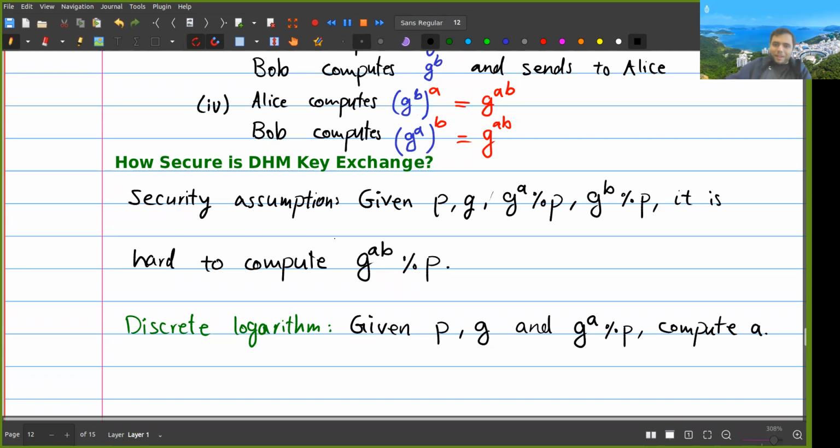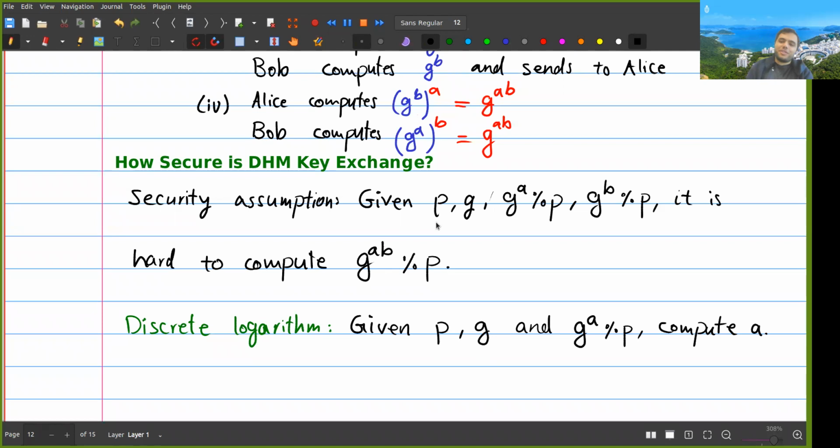So I can't give you a mathematical proof that this is impossible because that doesn't exist. But what I can tell you is that a lot of smart people have tried for a long time and they couldn't do this. So the security of this key exchange is kind of conditional. The idea is that if someone can break our key exchange, then they have solved this really hard problem, or probably even this one, which everyone agrees is super hard.